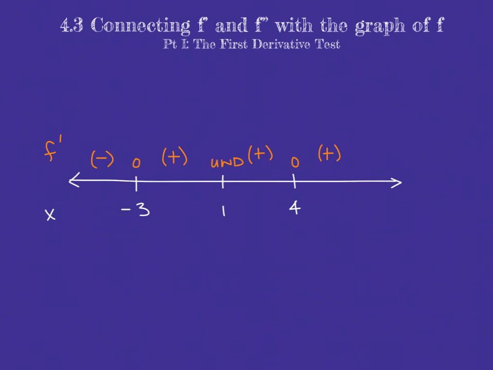So because our first derivative changes sign at x equals -3, and it changes from negative to positive, we say that there is a relative minimum at x equals -3. We do not have any relative maximum points because the first derivative never changes from positive to negative. This function is always increasing after this point, so there is never any relative maximum.